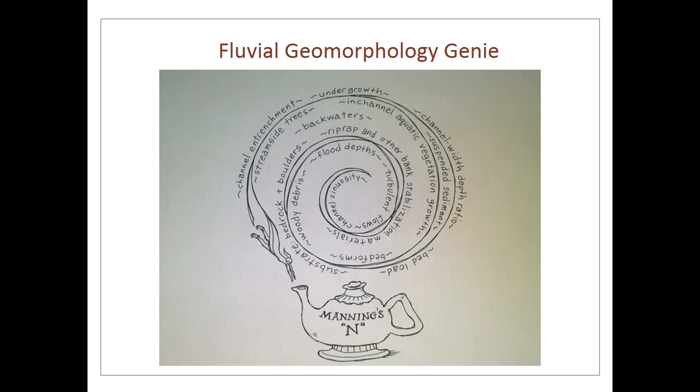Channel roughness is described by Manning's equation, and it's important because roughness dissipates stream energy. Manning's is the genie of fluvial geomorphology, but it mostly considers cement versus grass, and typically it ignores the variety of roughness and stability provided by a large variety of specialized riparian vegetation.